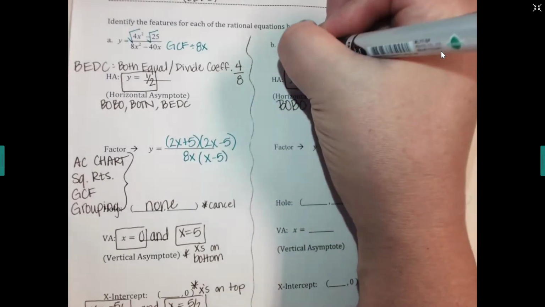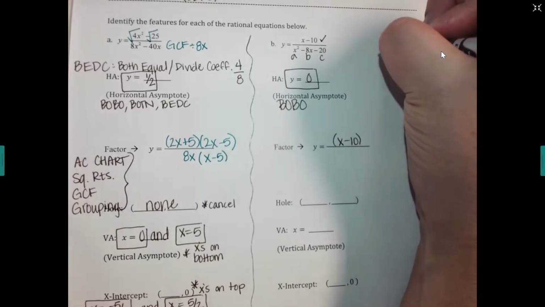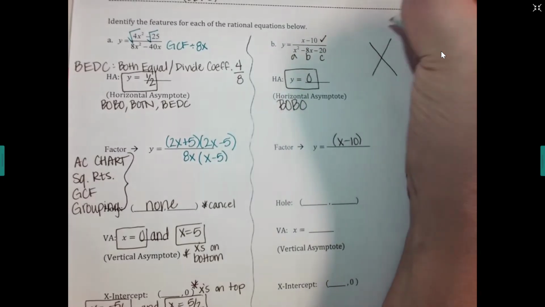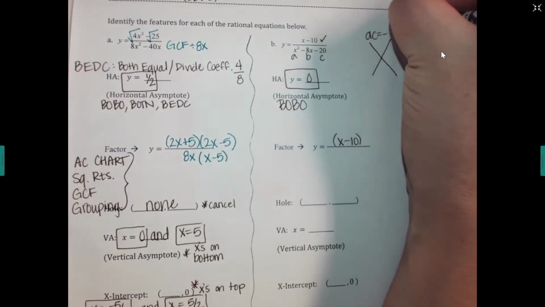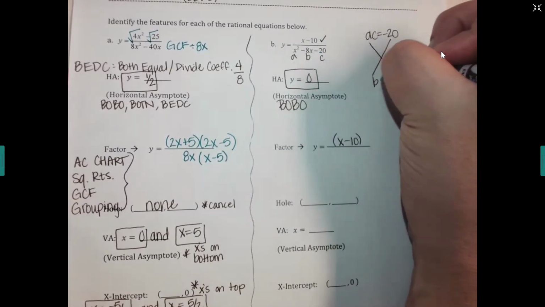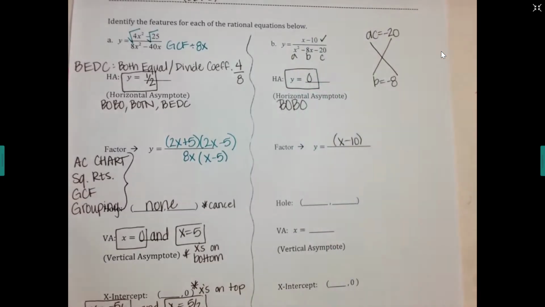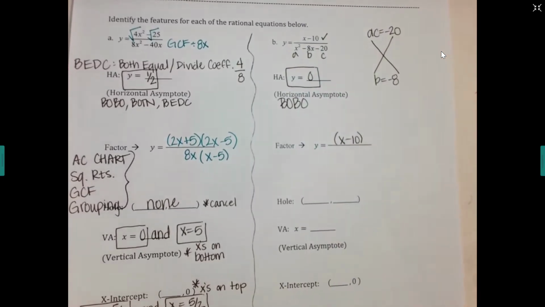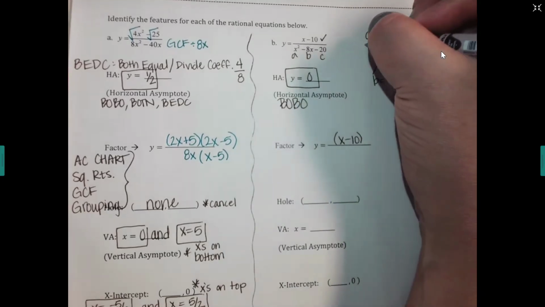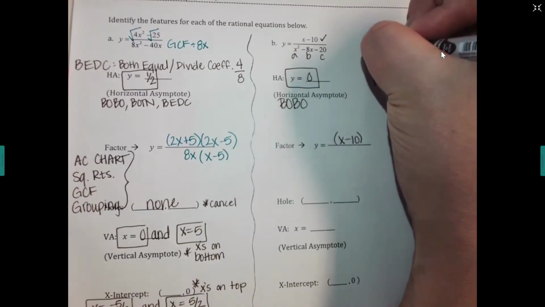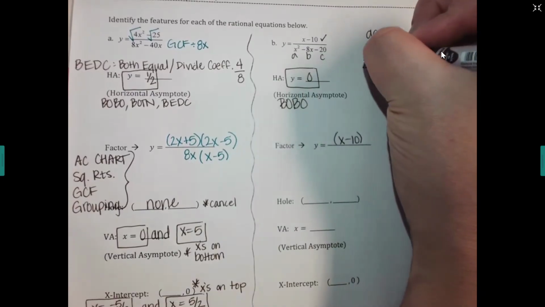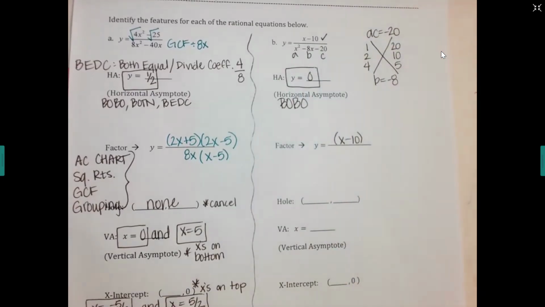What method would I need to break down the bottom? AC chart. So ABC. Okay, I need numbers that will multiply to an AC of -20. My base number is a -8. So what numbers will times to 20? 1 times 20, 2 and 10, or 4 and 5. 2 and 10 are going to be my guys.